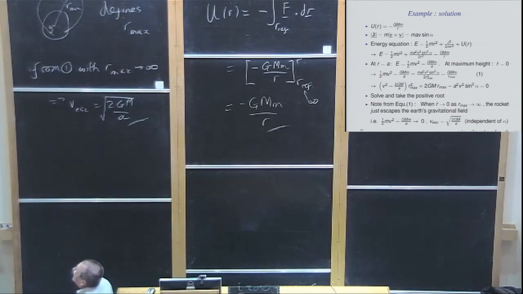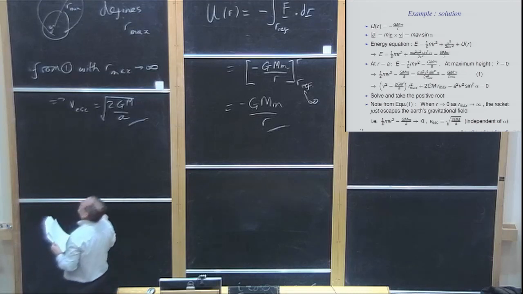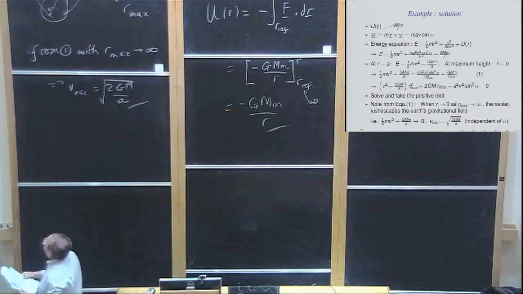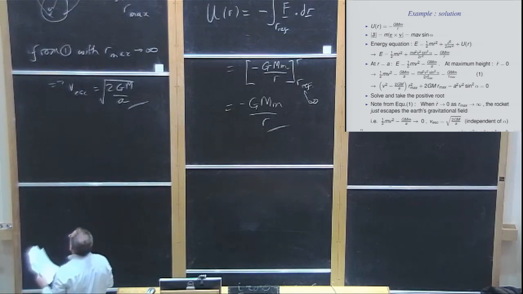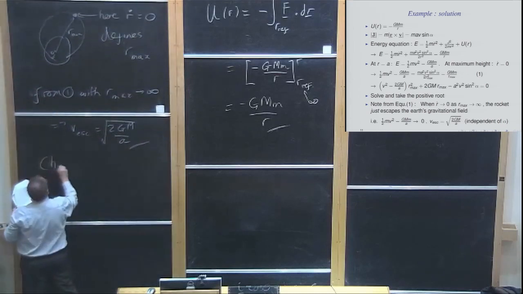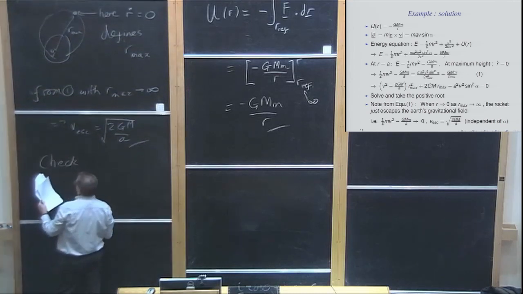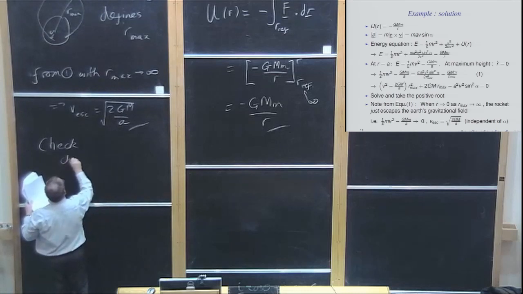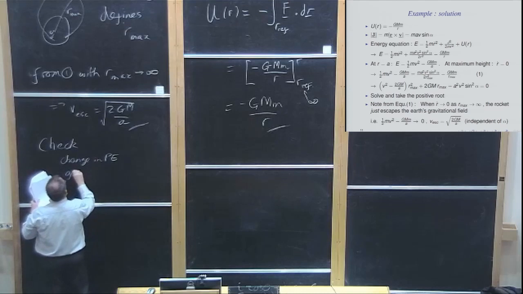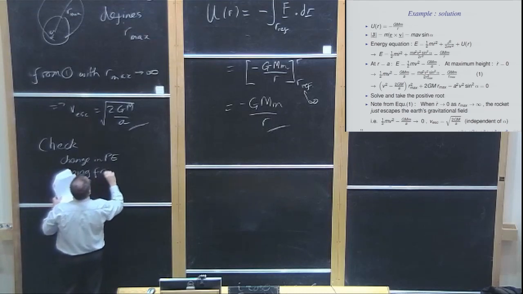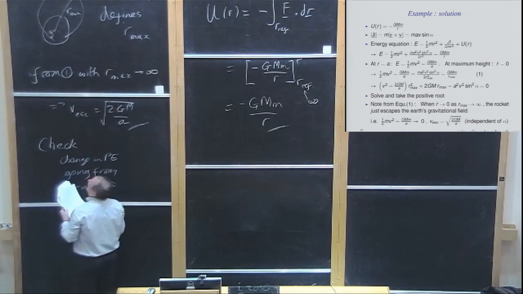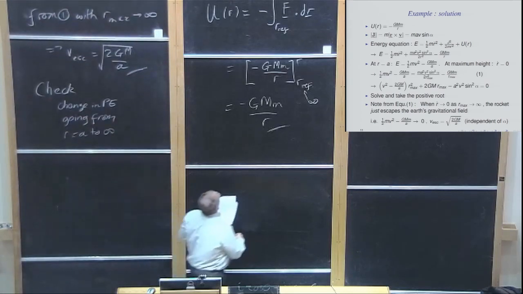This escape velocity, if I'd asked you to work out the escape velocity at the start of the question, you would have probably said, well, I know how to do that. I would just equate potential energy. So this is just a check. So if I work out the change in PE going from r equals a to infinity, what is that change in potential energy?